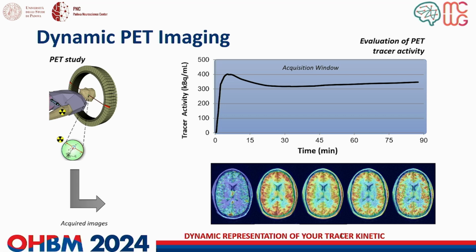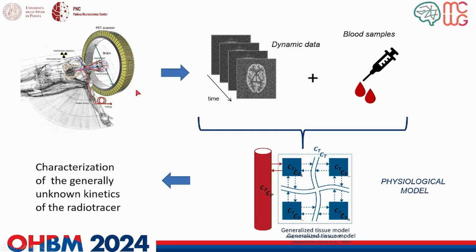I follow the process over 90 minutes, taking different pictures, several 3D images. The combination of them is, of course, a continuous line, and I have only a sample of this continuous line. In any case, this is sufficient to follow the behavior of the tracer inside the brain, each frame in kilobecquerel per millimeter.